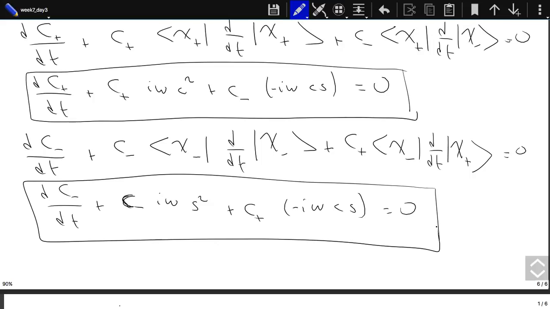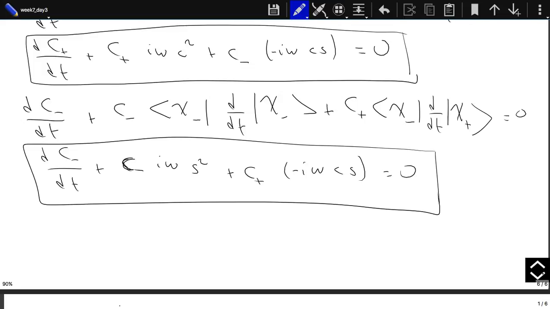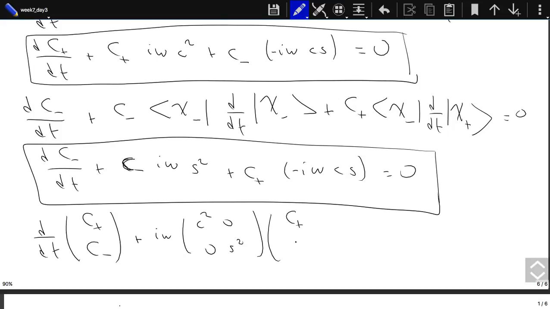So how do you solve these? Basically, d by dt of C plus, C minus, plus some matrix I omega times C squared, S squared, 0, 0, times C plus, C minus, plus I omega times minus CS, minus CS, times C plus, C minus.